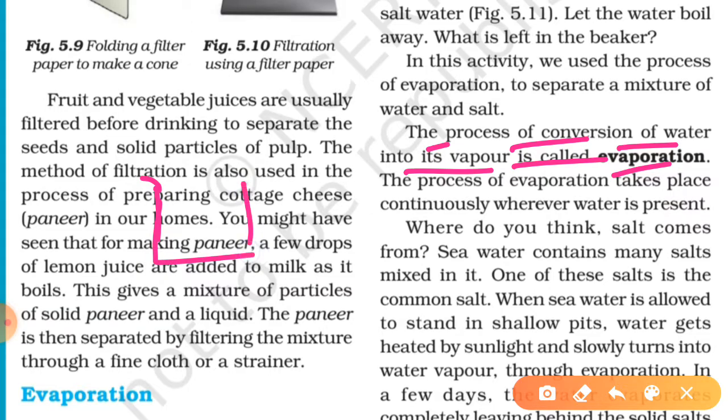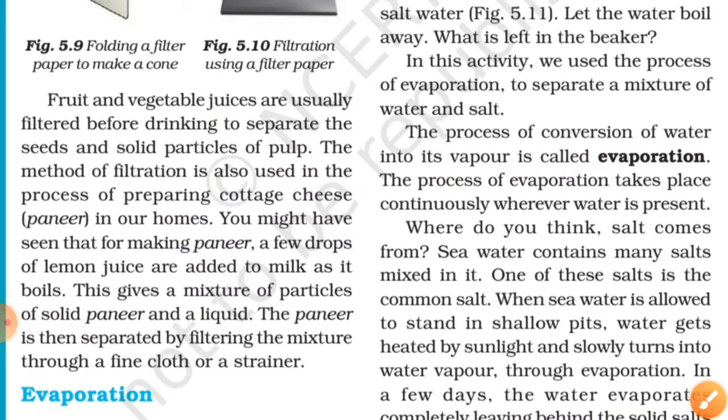I will give you one example. This is one beaker and this beaker is filled with water. When we heat this, the water converts into water vapor, into steam. This process is known as evaporation. Okay friends, so I will give you an example for this.